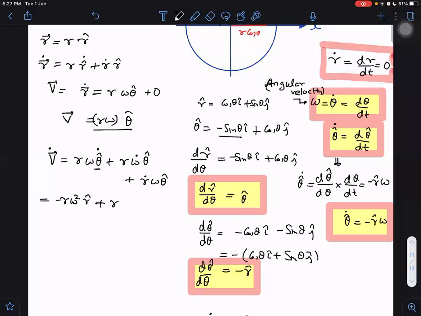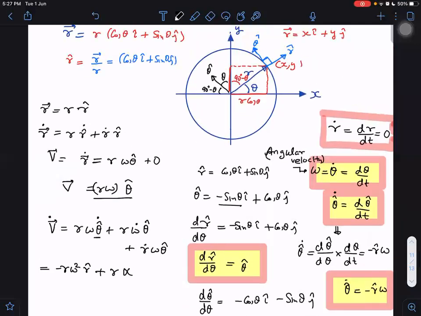Plus r into the derivative of omega, which is called angular acceleration. We represent it by alpha. Alpha is angular acceleration. It is a new symbol for you. So let me write it somewhere: alpha is the double derivative of theta or the derivative of omega. So what does it become then?